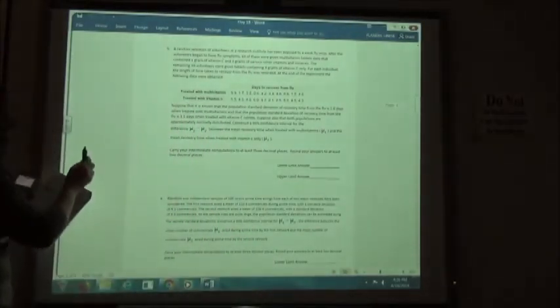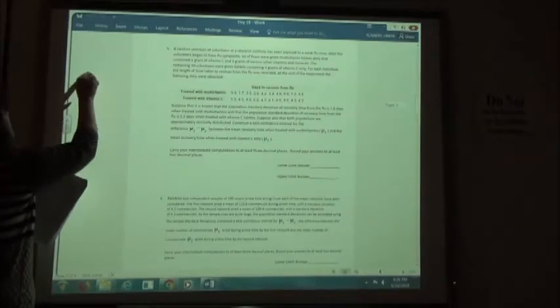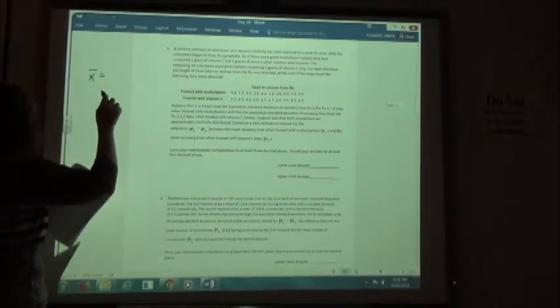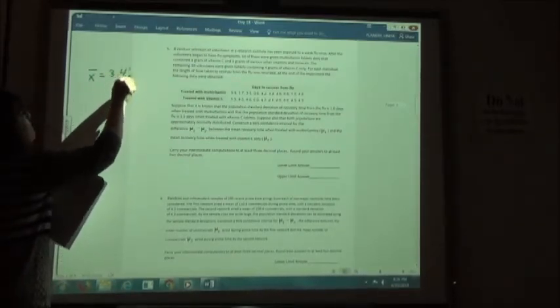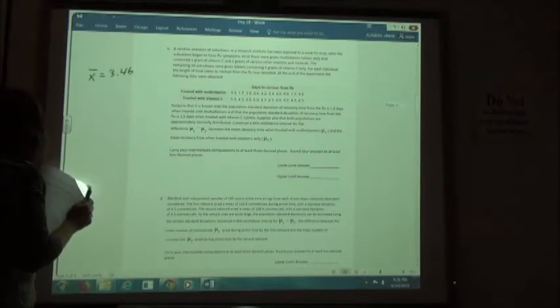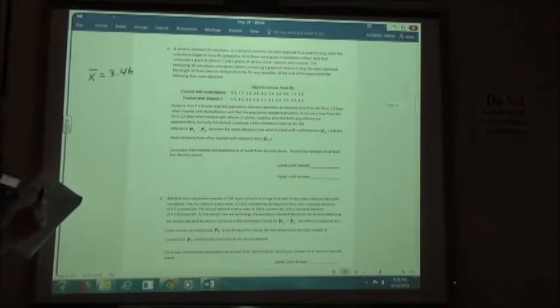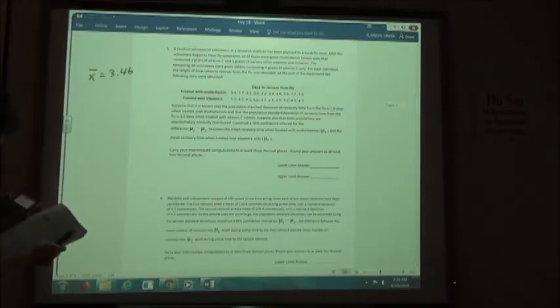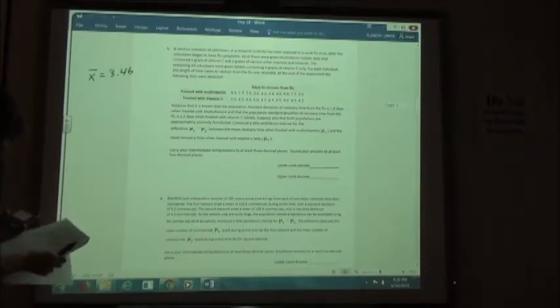So on list 1, my mean is going to be the 3.46, right? Got that? My standard deviation is going to be... Did I not type something in right?